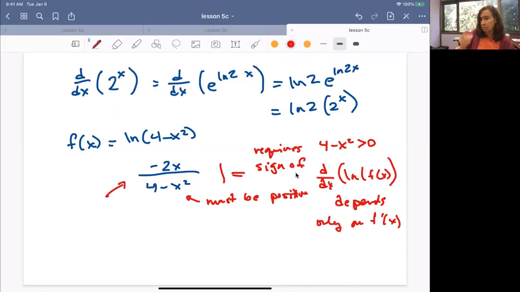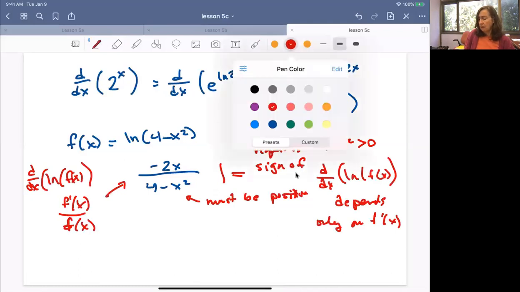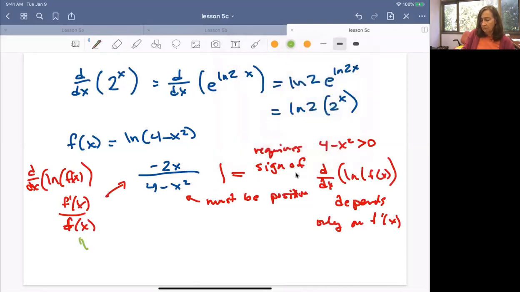And this, using the rule, is f prime of x divided by f of x. It's the derivative of a log of a thing, and I'll use another color to emphasize that f of x is always positive if we are taking its log.